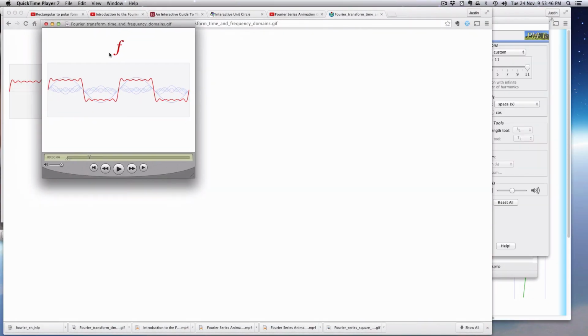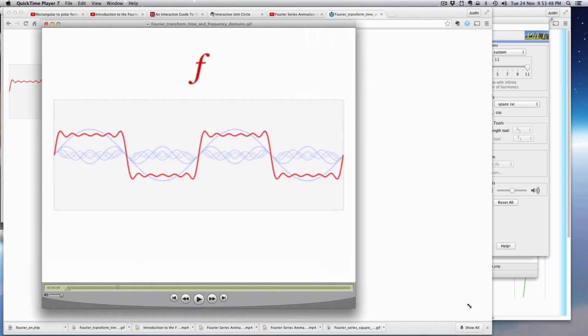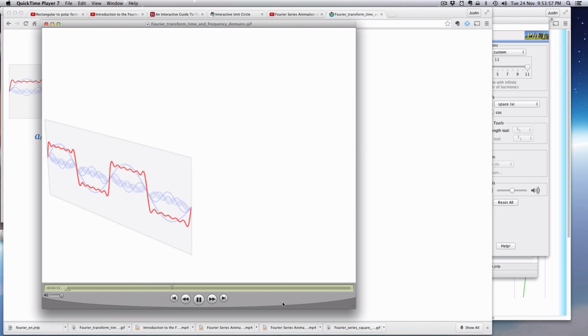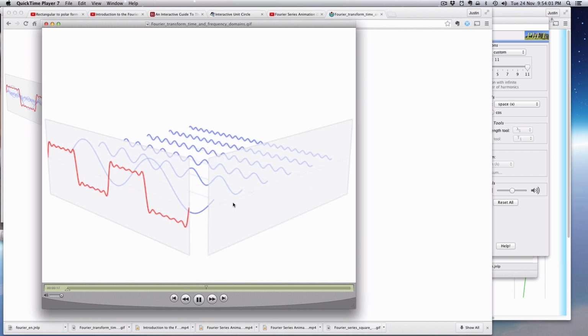So we'll look at this animated GIF, and we'll see that we can take any basic signal and break it down into constituent sinusoids. Okay, so you take this square wave, which is composed of adding sines, and you can break it out into its component parts.